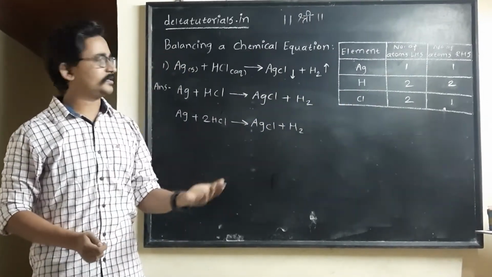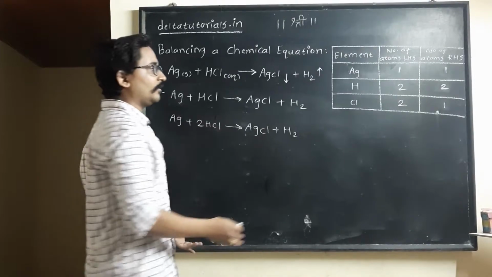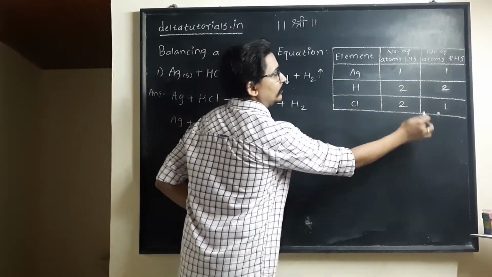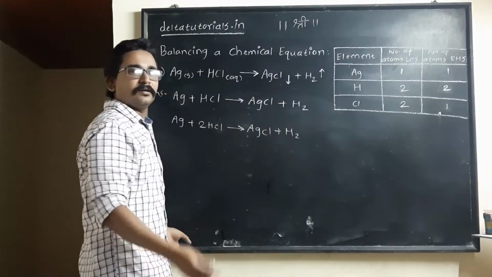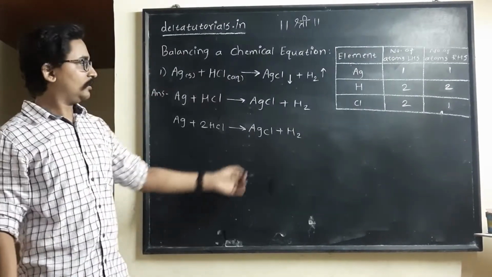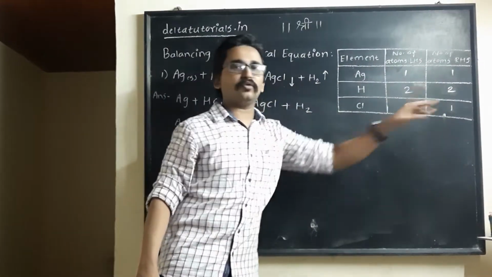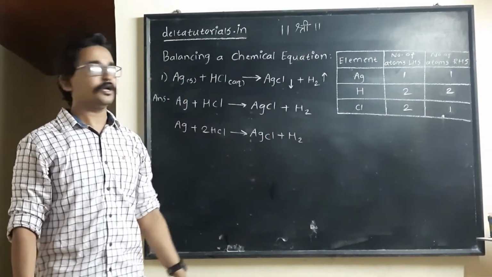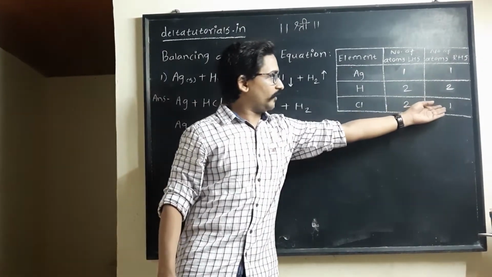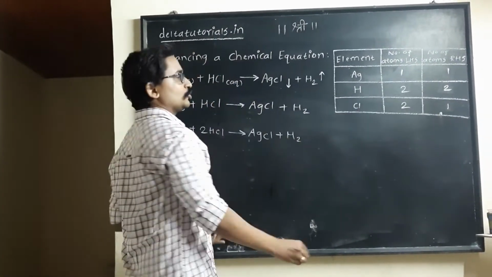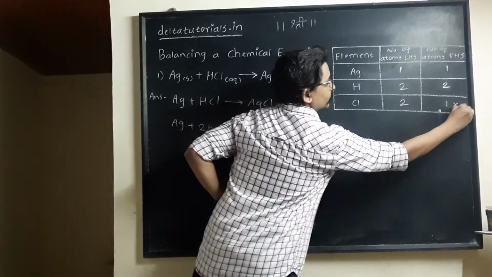This may happen. This is quite natural. So now our target is to balance the chlorine. On the left hand side, 2 atoms of chlorine are present and on the right hand side only 1 atom. So we need to make that 1 atom into 2. So we will multiply it by 2.